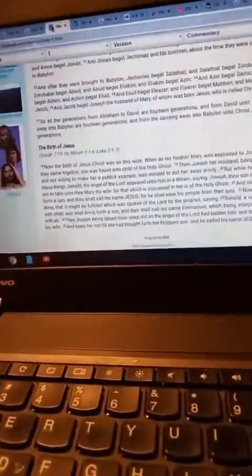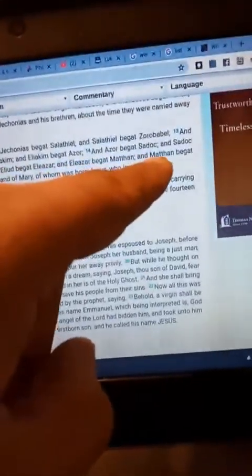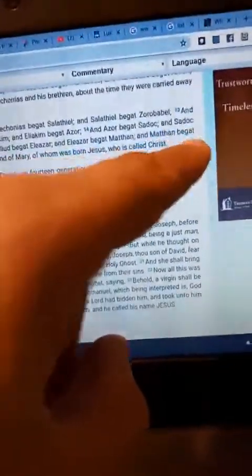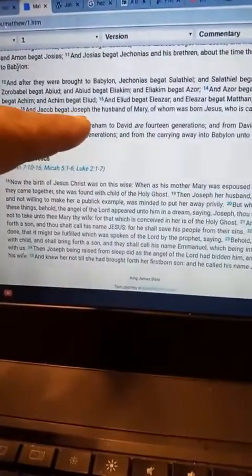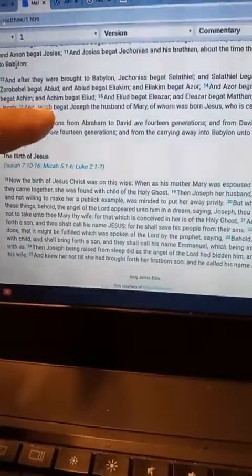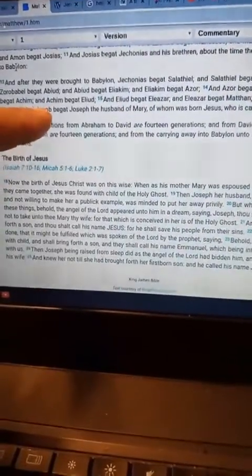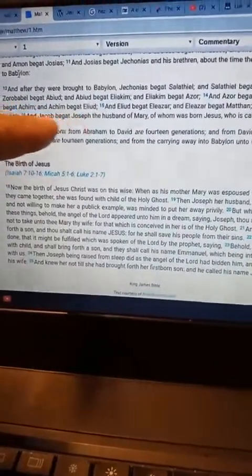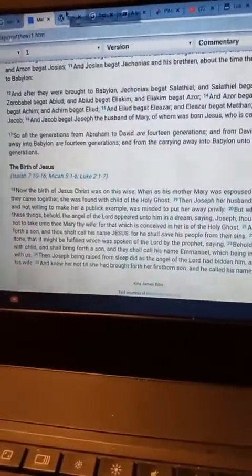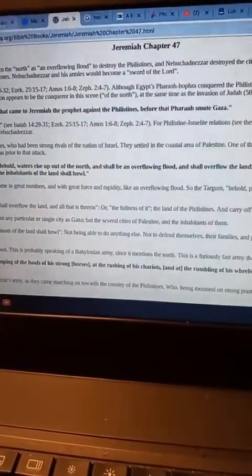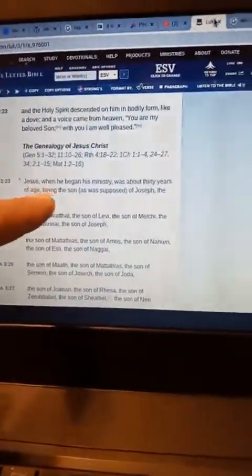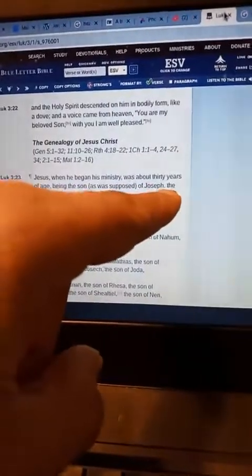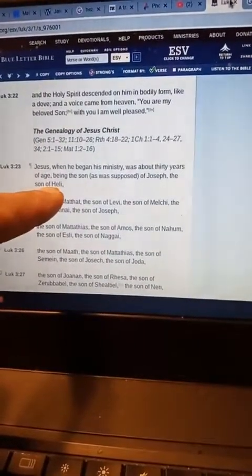But notice in the book of Matthew, it says that Matthan begot Jacob, and Jacob begot Joseph. So by nature, Jacob is Joseph's biological father. But by law, he is the son of Heli.